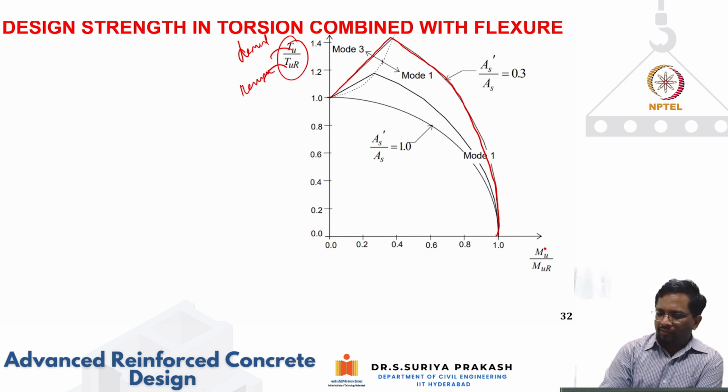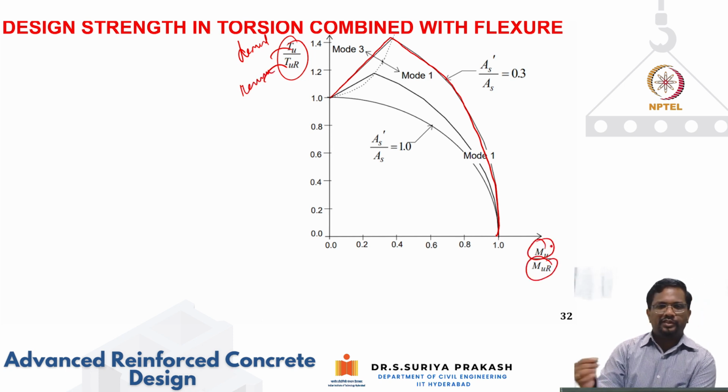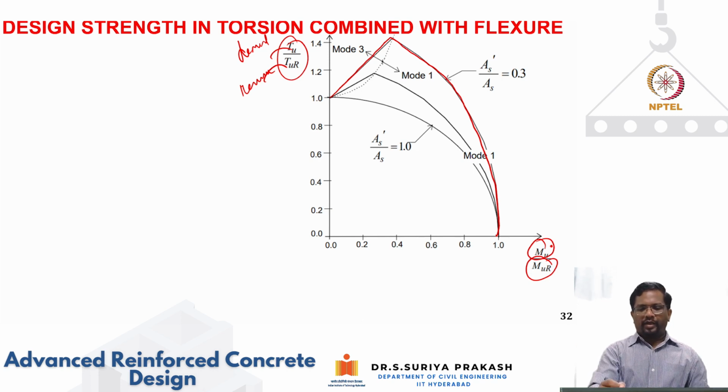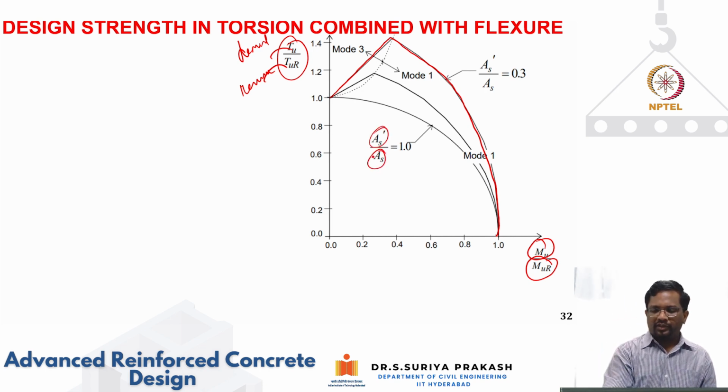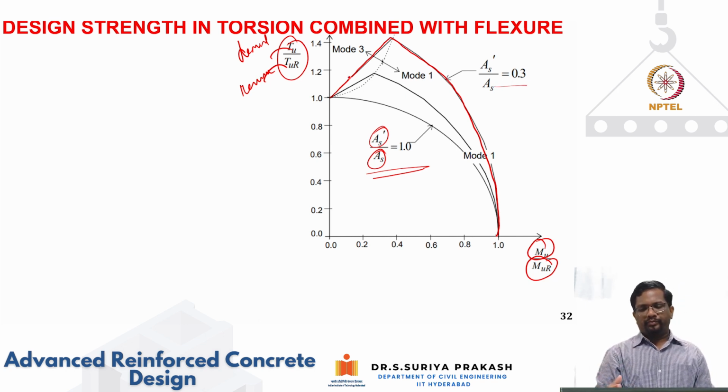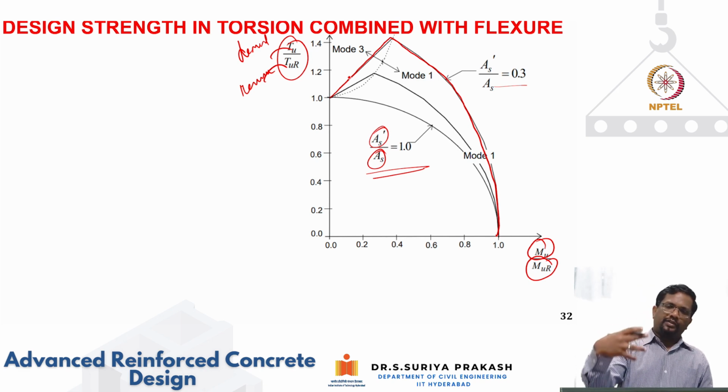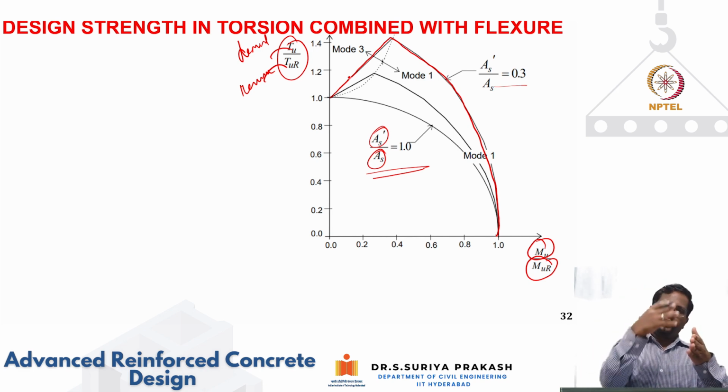Similarly, Mu is your demand, and Mur is your resistance in pure bending. Tur is the resistance in pure torsion, Mur is the resistance in pure bending, right? Depending upon the amount of compression steel to the tension steel, you can have these different failure curves. So I can calculate these resistances based on the skewed failure surface that I am going to assume. Okay.